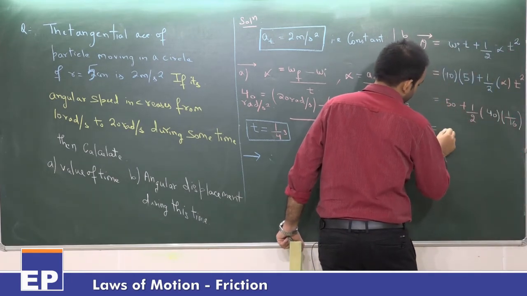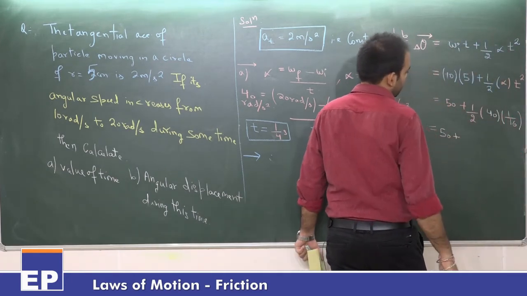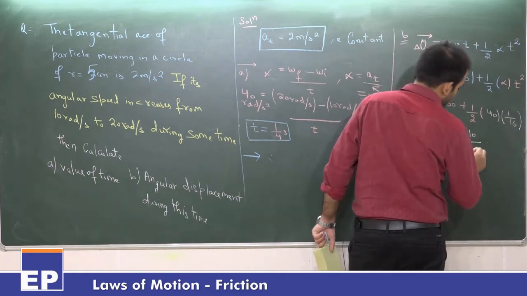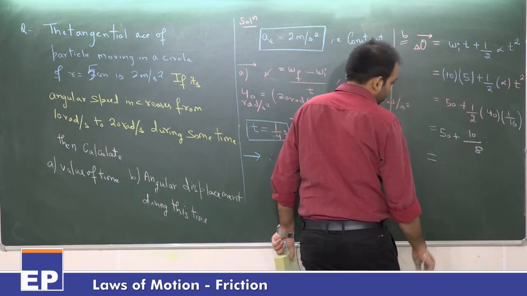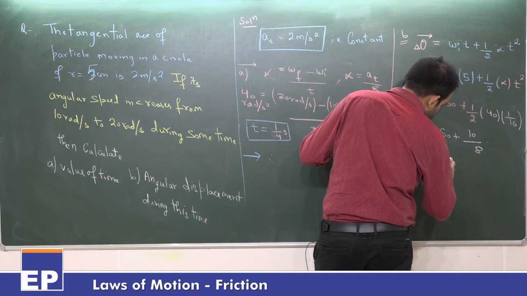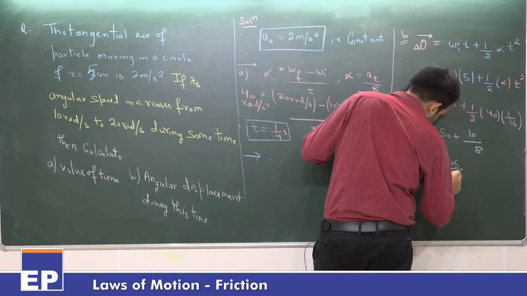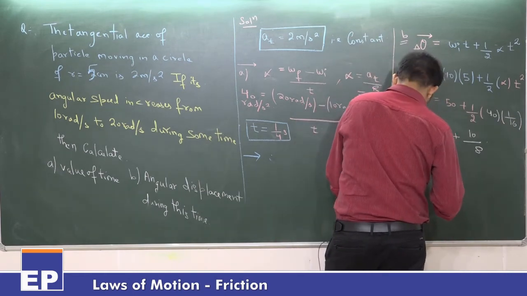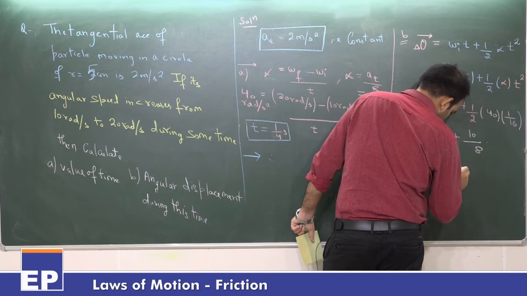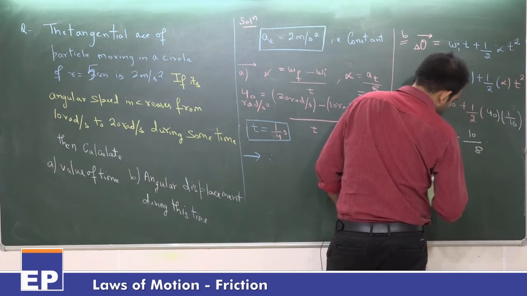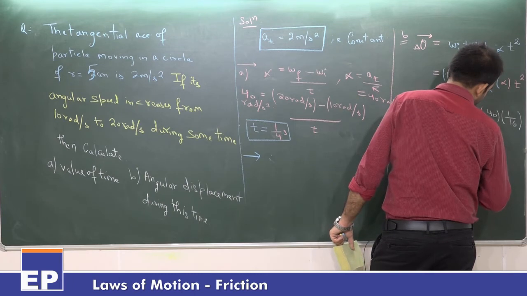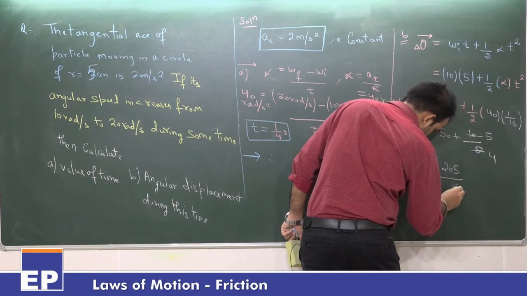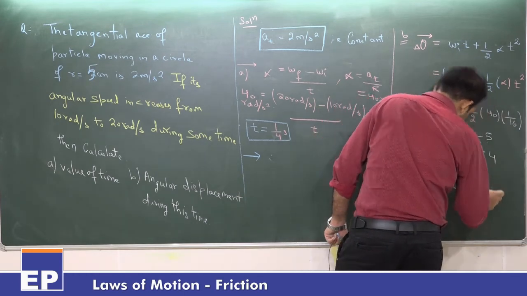That will come out to be how much? 50 plus, that will become 1 by 10. That is 5 by 4. Ready.